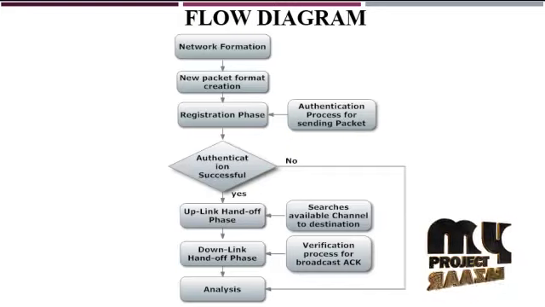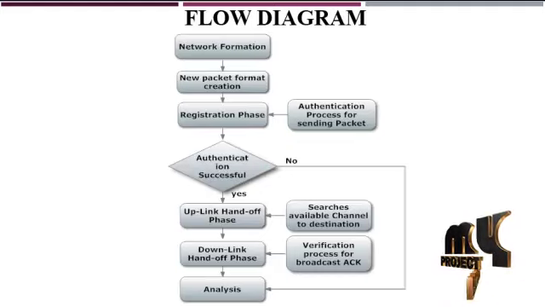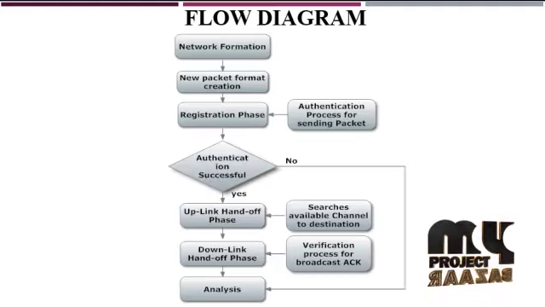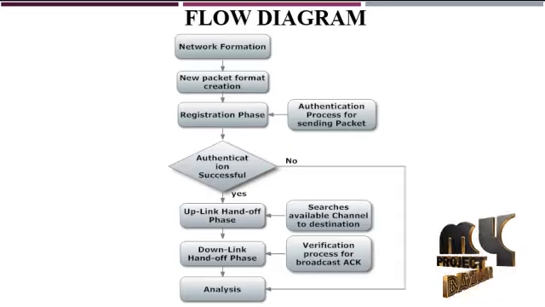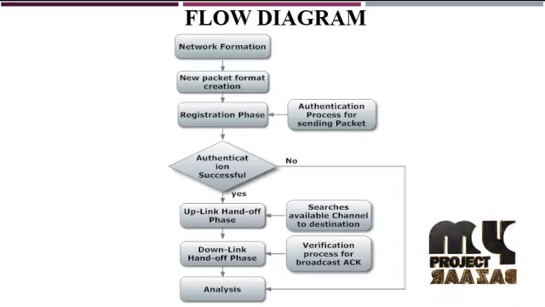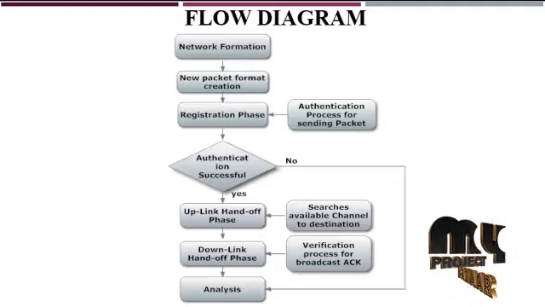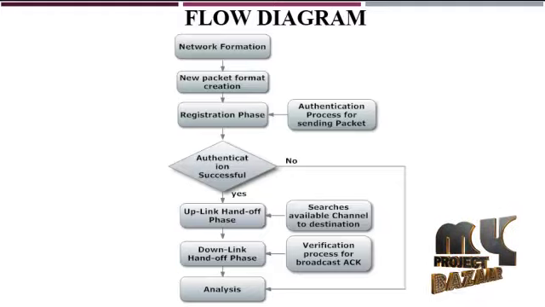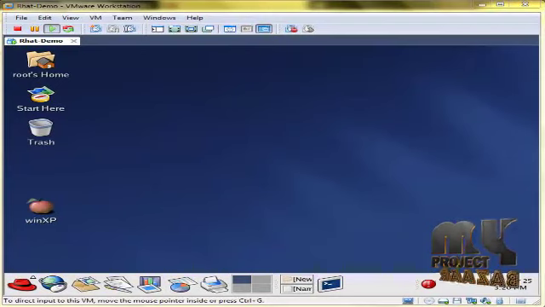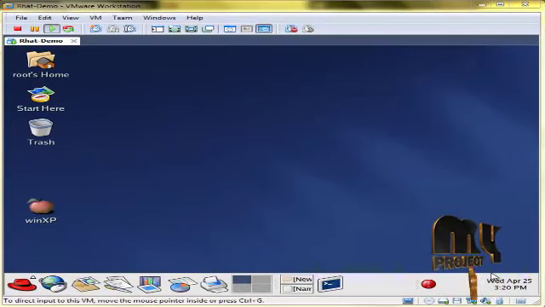For the downlink handoff phase, we have to verify the process of broadcast acknowledgement. That is, the acknowledgement is sent by the downlink process. Finally, we have to analyze our process with packet delivery ratio, delay, throughput, and all. Let us see the output of our project.